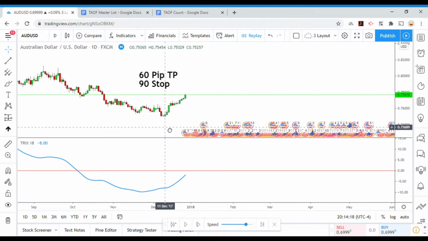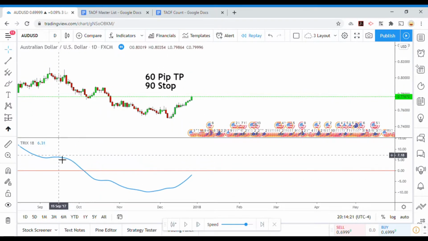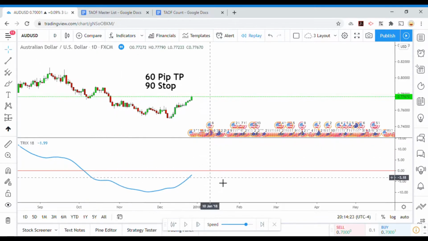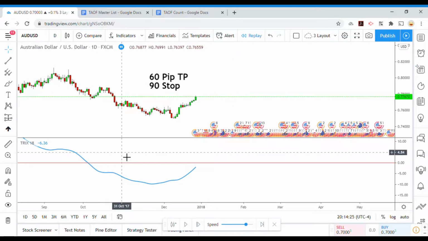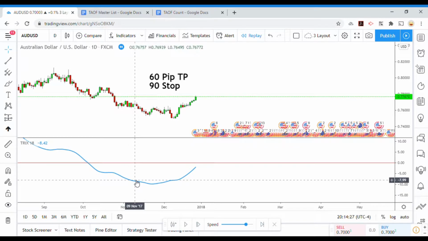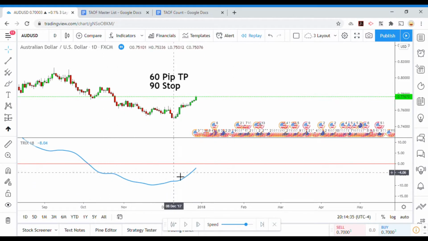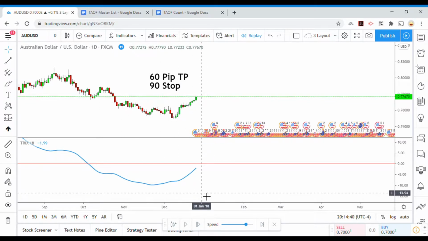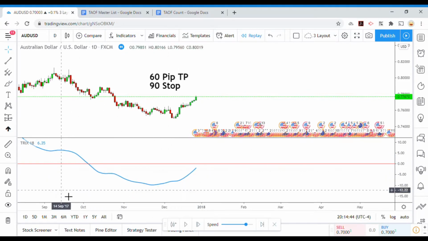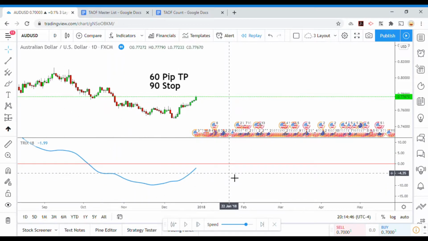Alright, as I said, today's indicator will be the Trix indicator. The Trix indicator is basically a momentum and trend indicator coupled into one. It is a zero line cross, and the red line here indicates the zero line, and the blue line here indicates the Trix line itself.